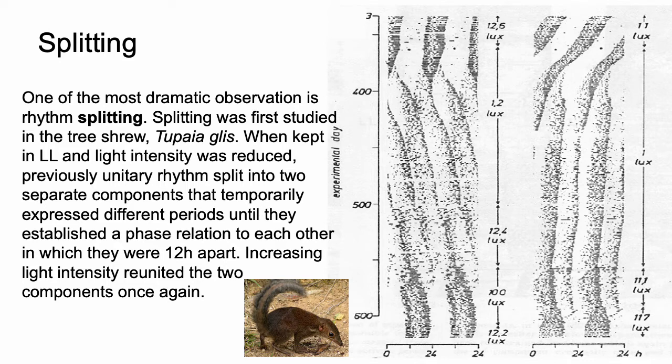Or you could describe that as a 180-degree phase angle. And so this was surprising, as you might imagine, to discover at the time. And then once the animal was exposed to bright light again, those two oscillations fused back together.